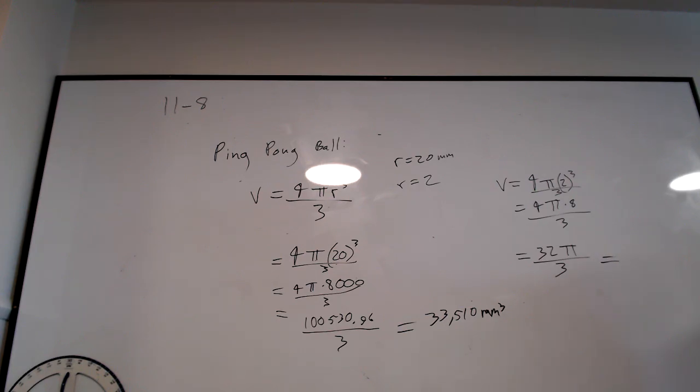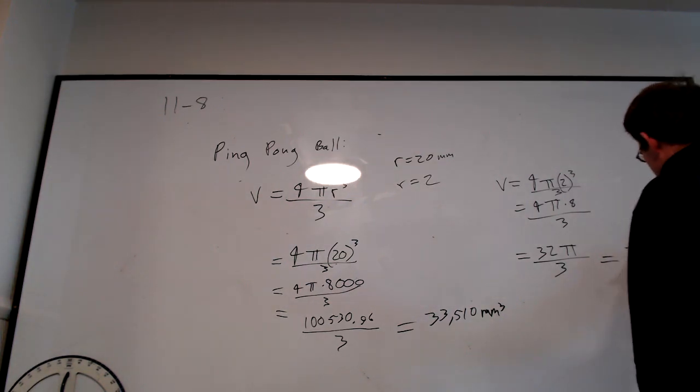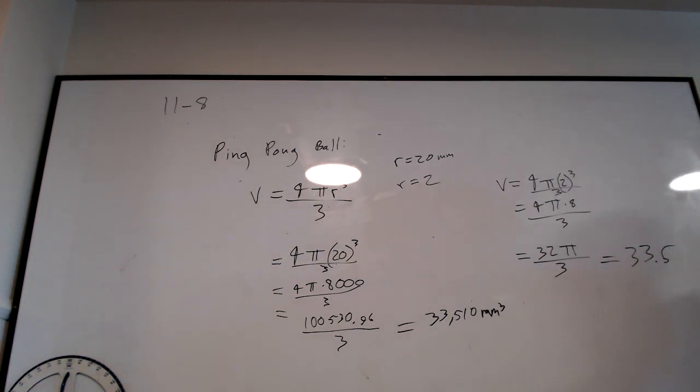Oh, I forgot. 33.5. And what are the units? They are cubed. Centimeters cubed, and we're doing centimeters this time. Interesting. Big difference, huh? It's because it's an exponent, so it gets much bigger, or much smaller in this case.